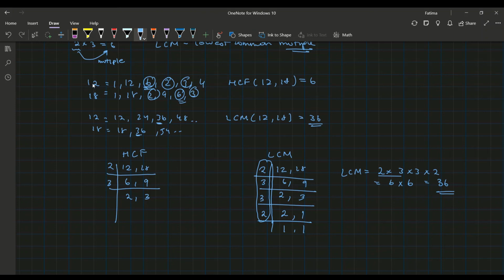In LCM we continued dividing further, where we did 3 divided by 3 to give 1, we didn't do 2 by 3, we just wrote it as 2 in the next step, and then we did 2 by 2 to give us 1. So in HCF instead, we stop where we do not have any more common factors, and the HCF of the two numbers would be the product of the factors on the left hand side. So the HCF would basically be 2 into 3, which is 6, which is true from the list we mentioned above. That will be it for this video.